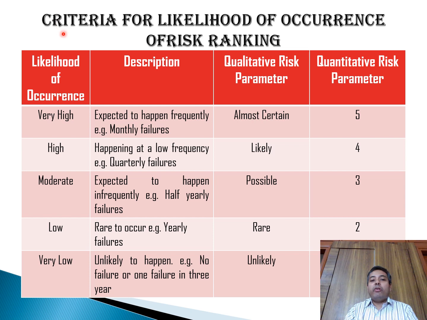Now for criteria of likelihood of risk occurrence of risk ranking, retrospective review of quality system data such as deviation, OOS, OOT, market complaint, product failure, or review of documents such as annual product quality can be used for identification of frequency of failure.